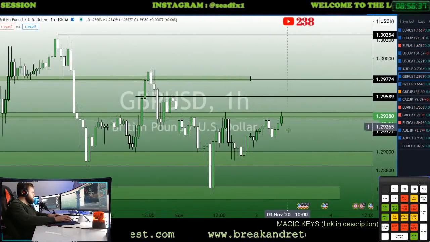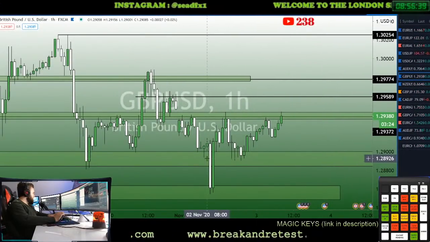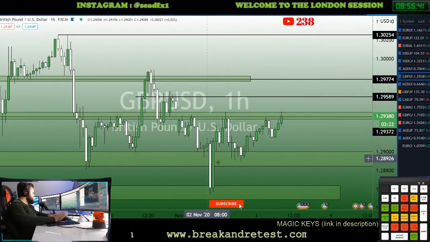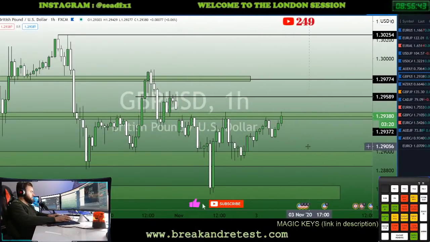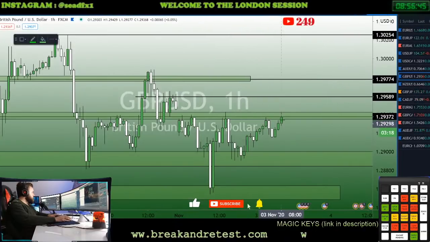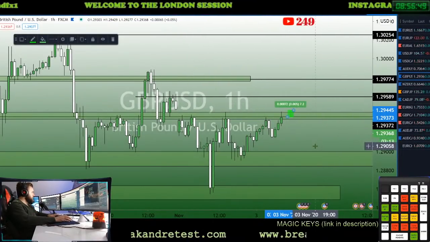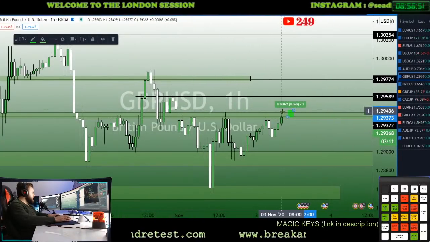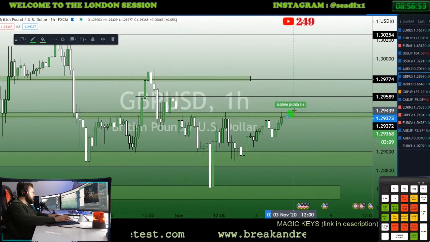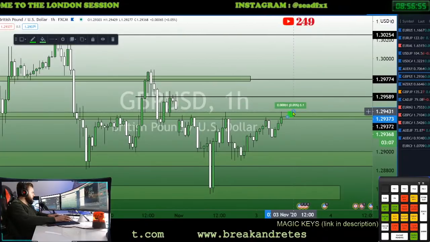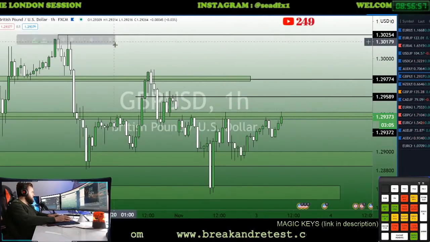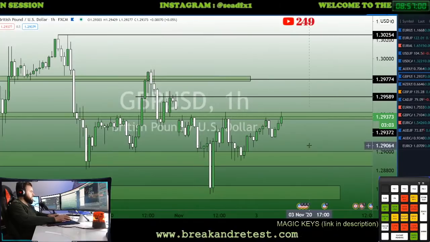We'll see. I want GU to give us the breakout, but it's gonna be too weak. We need to close at least where the last touch was here. I've said many times before, GBP pairs should give us at least a 10 pips breakout.